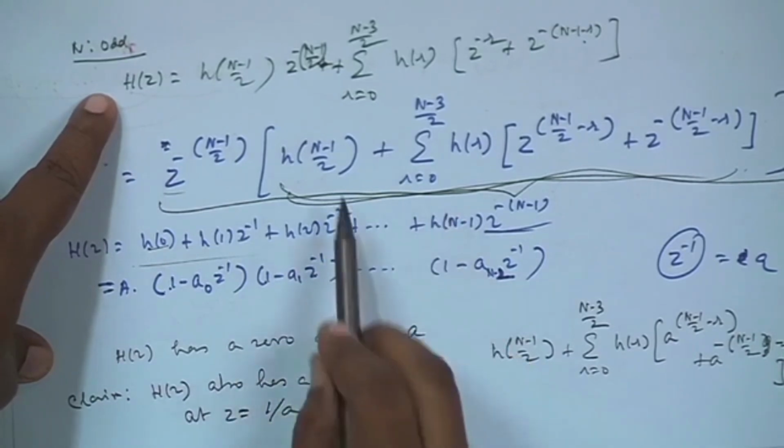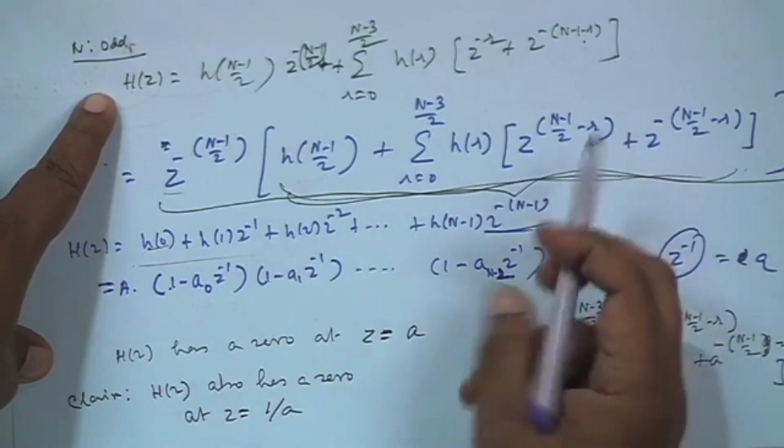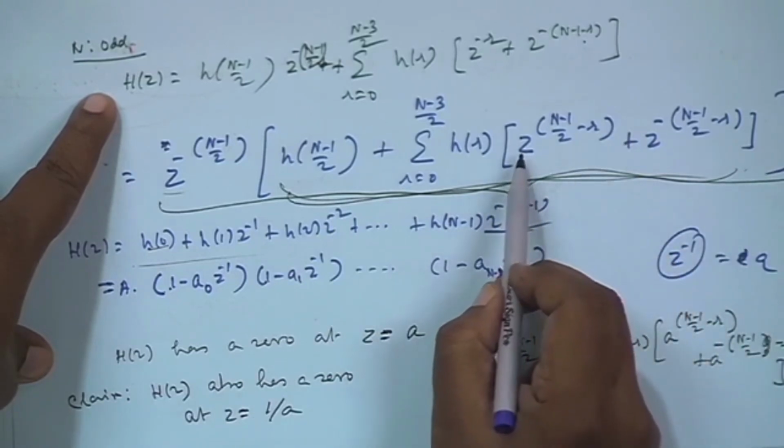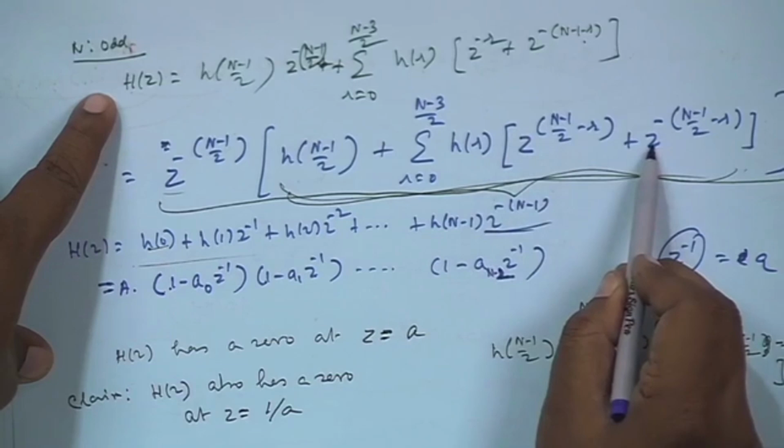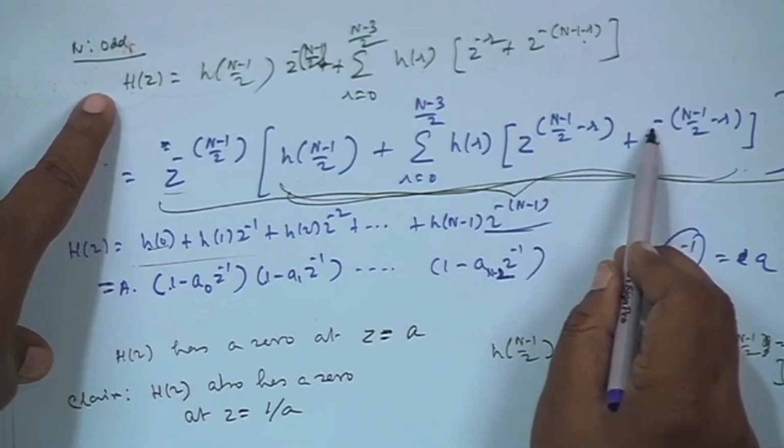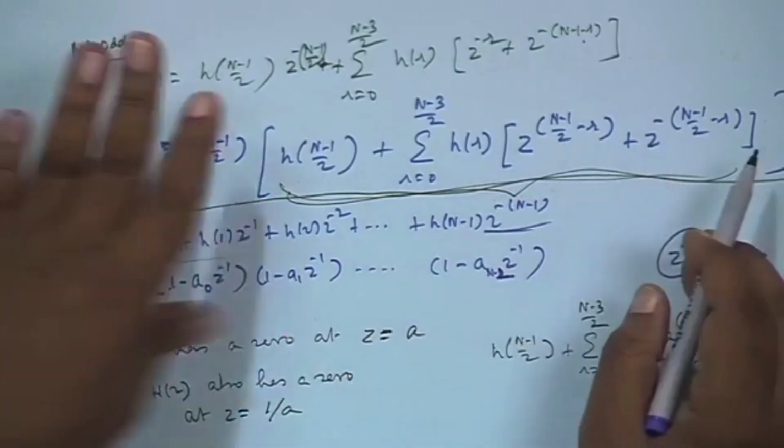because if you put 1 by a here inside, what will happen? 1 by a means a to the power minus this, and z equal to 1 by a means a to the power plus this. Okay, I do not have to write it.